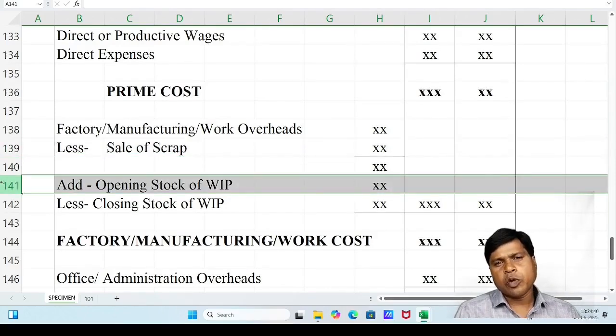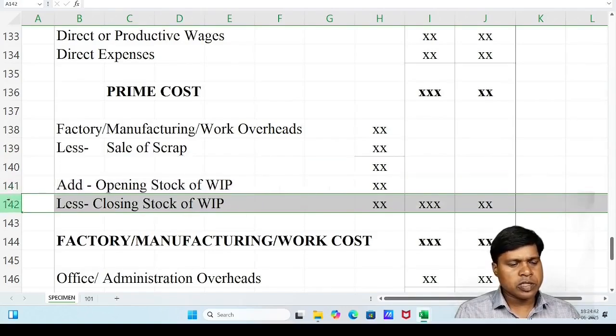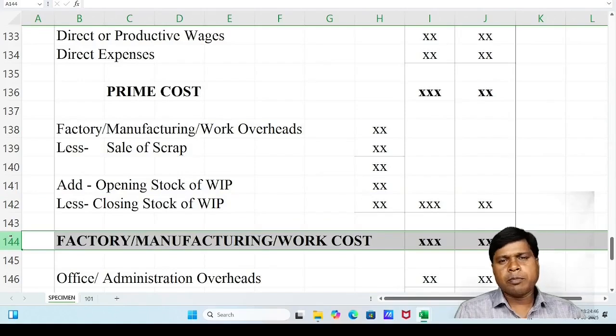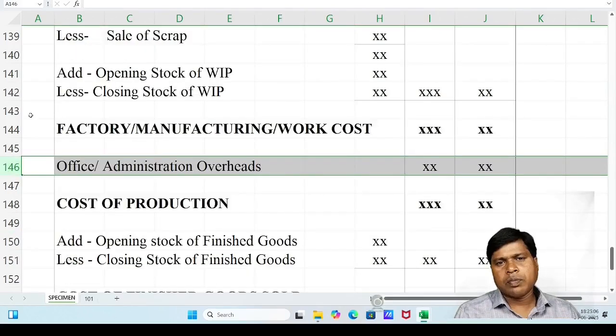Then addition of opening stock of work in progress, subtraction of closing stock of work in progress. After addition and subtraction, we will get the next and major cost, factory cost, which is also called manufacturing cost or work cost. After factory cost, next cost element is office overheads or administration overheads, and total of factory cost and office overheads is called cost of production.